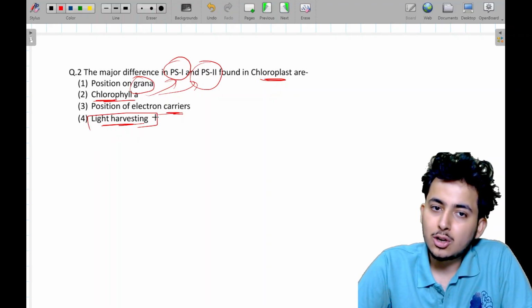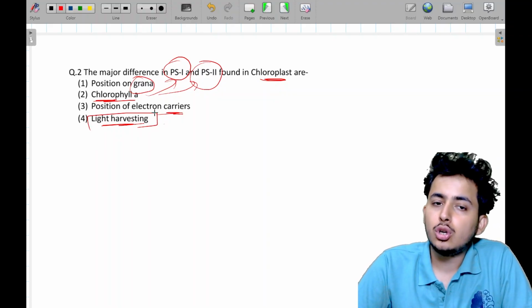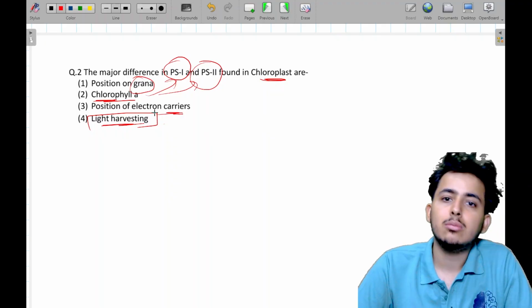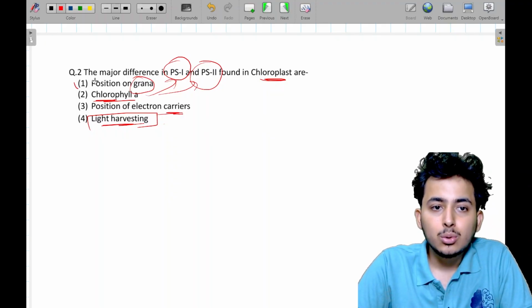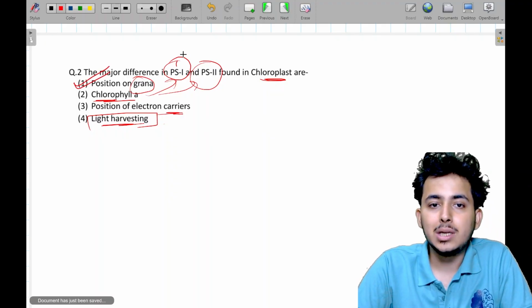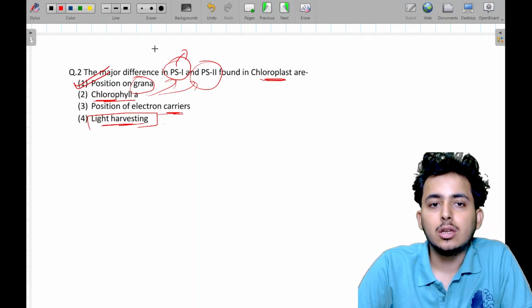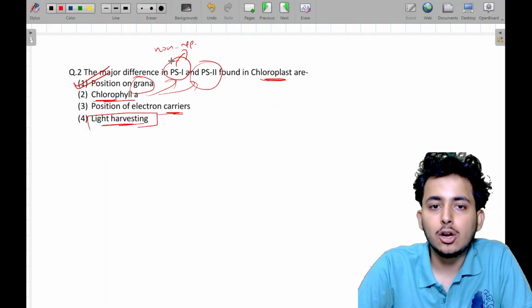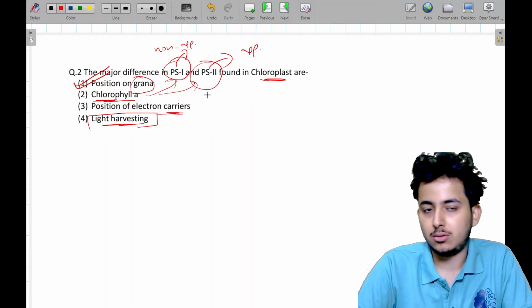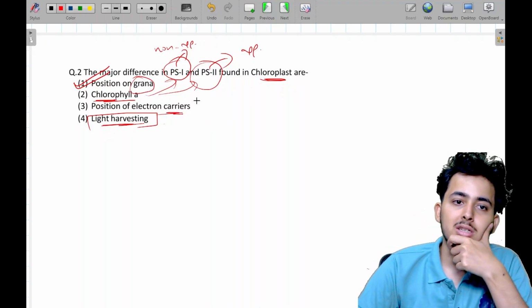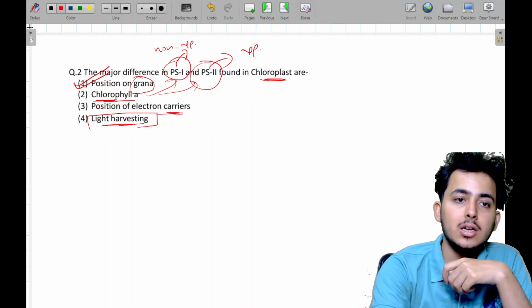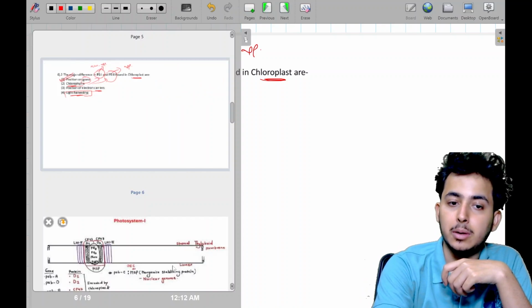The light harvesting complex is the same, the position of electron carriers remains the same. The only difference is in the position in the grana: PS1 is more abundant in the non-appressed part, that is the stromal thylakoids, and PS2 is more abundant in the appressed part. So this is something to be considered and remembered by you.